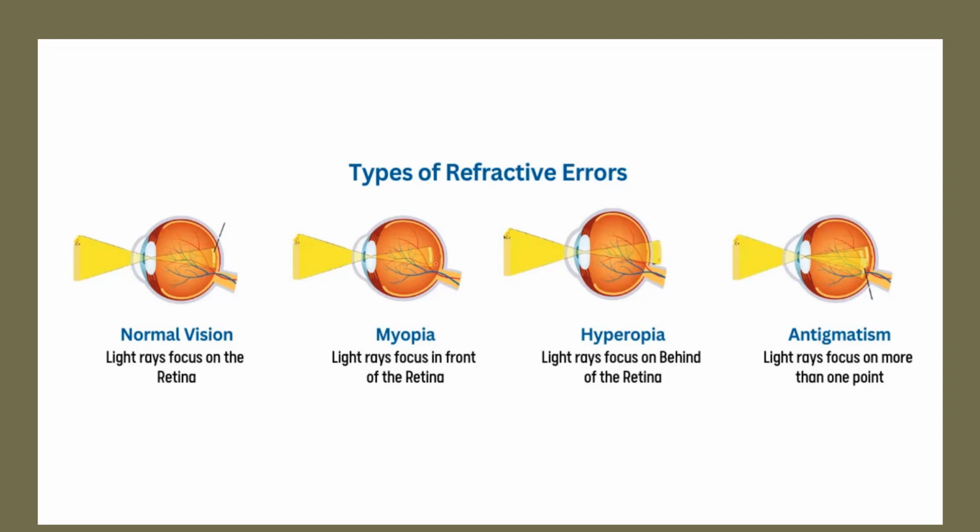And that's what most people suffer from. Hyperopia is when the light is focused behind the retina. It's not literally behind the retina, but the image which is created on the retina is not clear. And that's usually seen in old people. And astigmatism is when we have the light focused not on one point, but on multiple points.